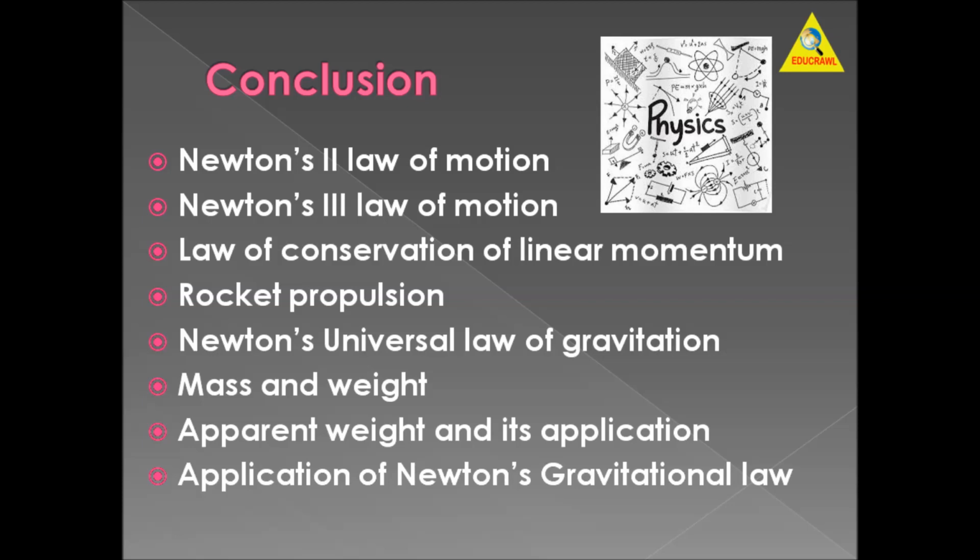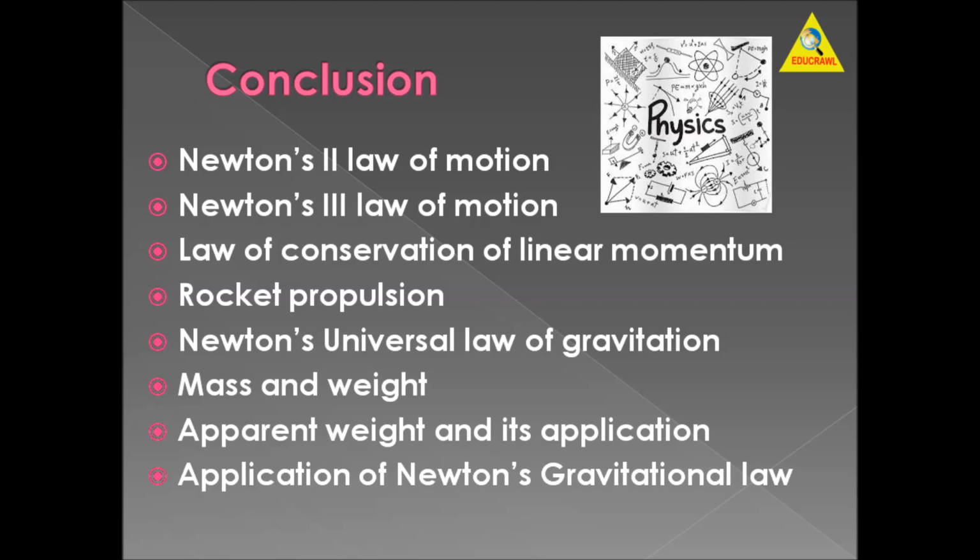So far, we have discussed Newton's second law of motion and third law of motion, and the principle of conservation of linear momentum, and the propulsion of rockets, where the principle of linear momentum and Newton's third law are used. After that, we discussed the universal law of gravitation and the differences between mass and weight.